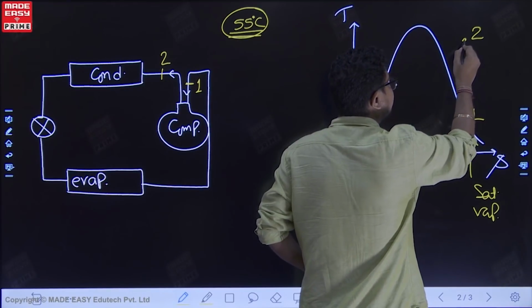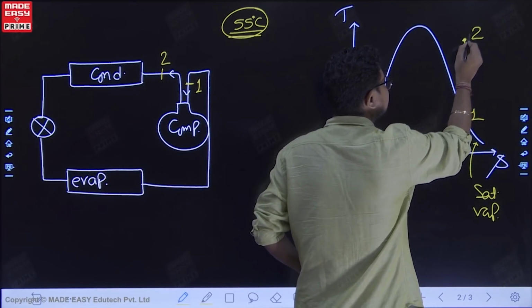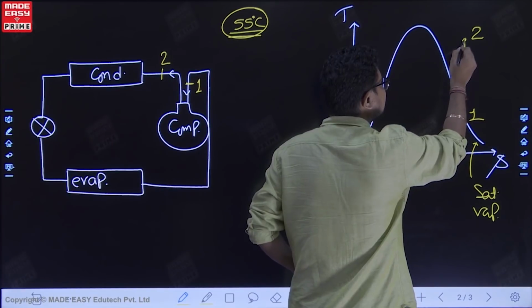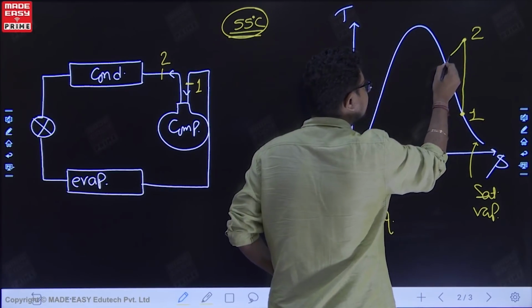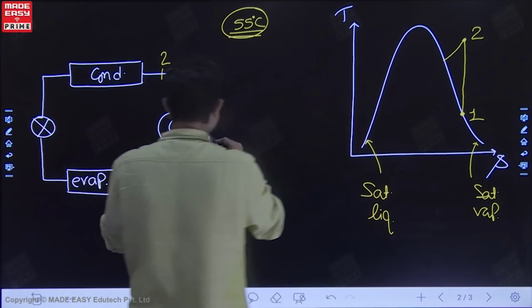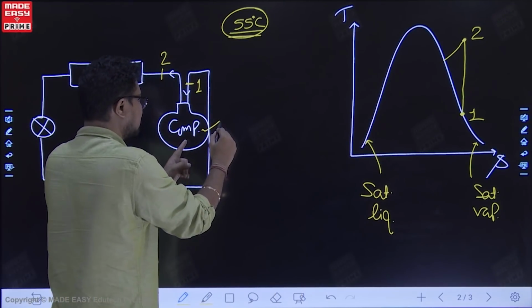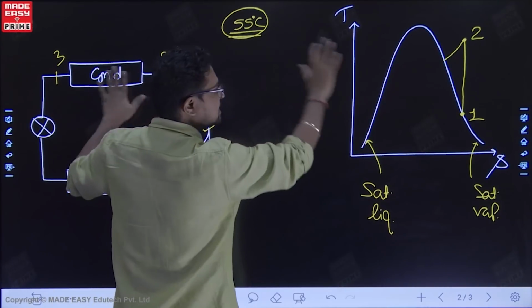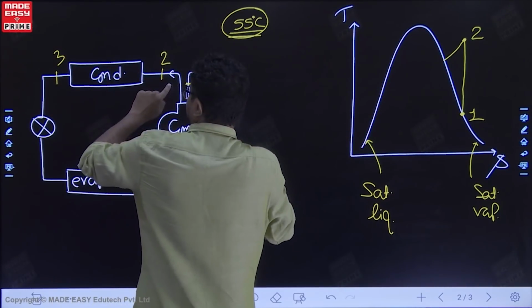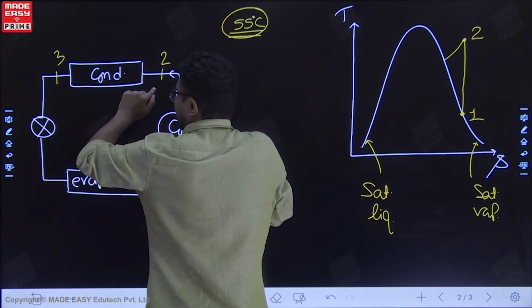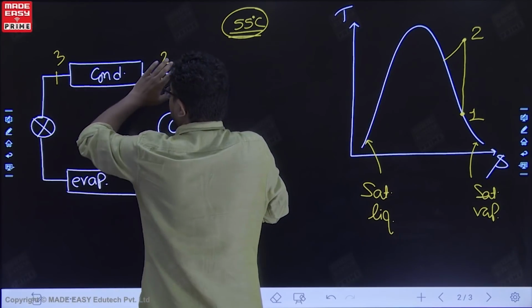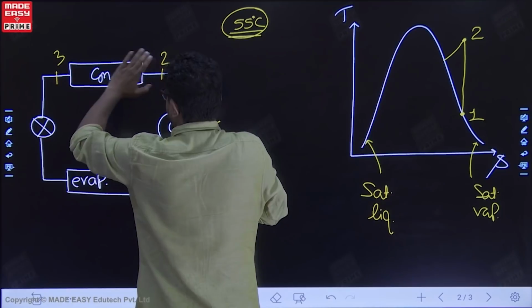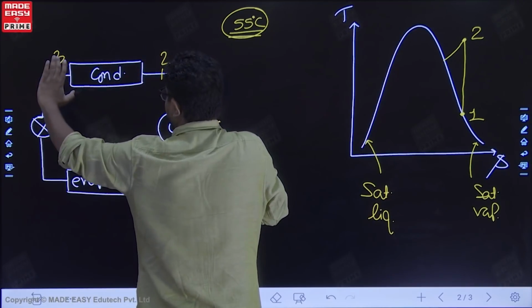Now when I cool it, first this is the superheated region. So as I cool the superheated vapor at constant pressure, 1 to 2 is the compressor, we have compressed, 2 to 3 is the condenser. This is the simplest cycle I am talking about. So 2 to 3, as the refrigerant flows at constant pressure, will be a constant pressure process.